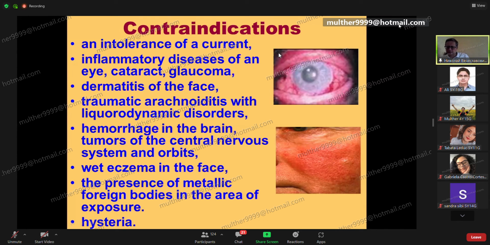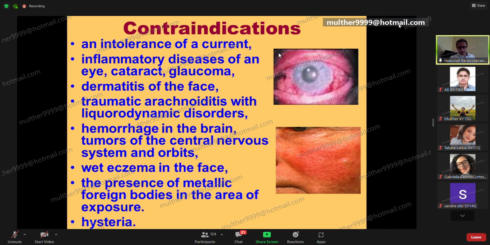Dermatitis of the face, especially in the place of electrode location near the orbital zone. Traumatic arachnoiditis with liquor dynamic disorder is also not recommended or even contraindicated.